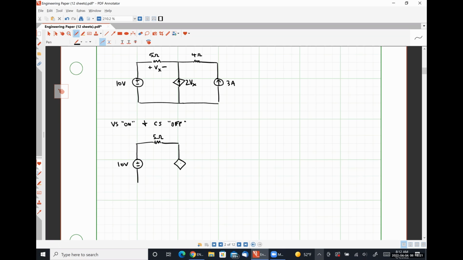Here we have our dependent current source, twice VX. Here's VX. Here is our 4 ohm resistor. And we turn our current source off by replacing it with an open circuit.